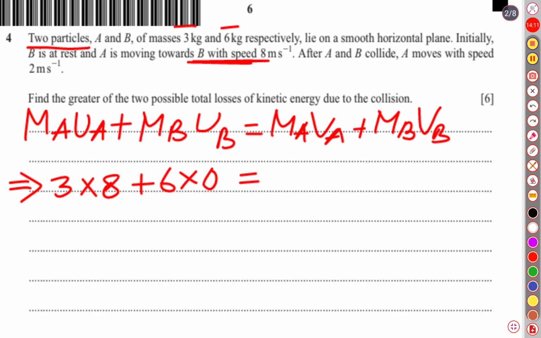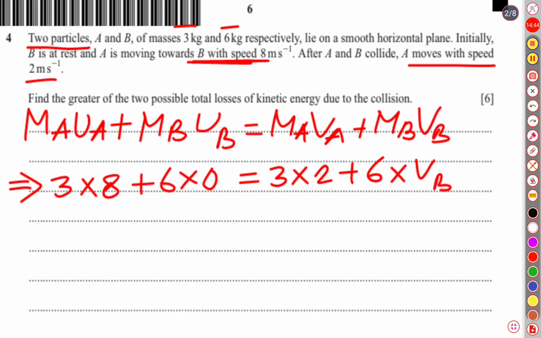After the collision, mass of the particle is 3, and A was moving with the speed of 2 meter per second. Let's assume that both particles A and B were moving in the same direction, so the sign is also the same. Then mass of B is 6, and we are going to find the velocity of B after collision.